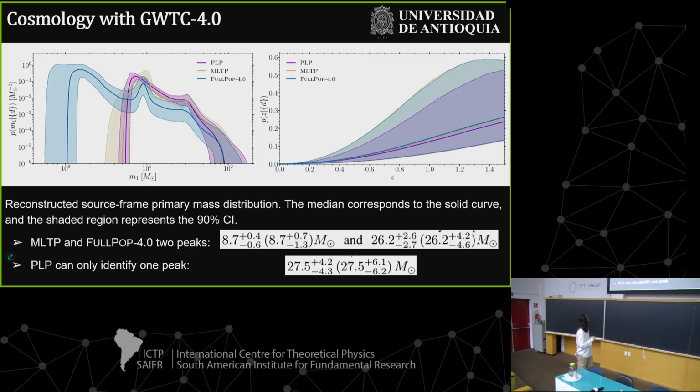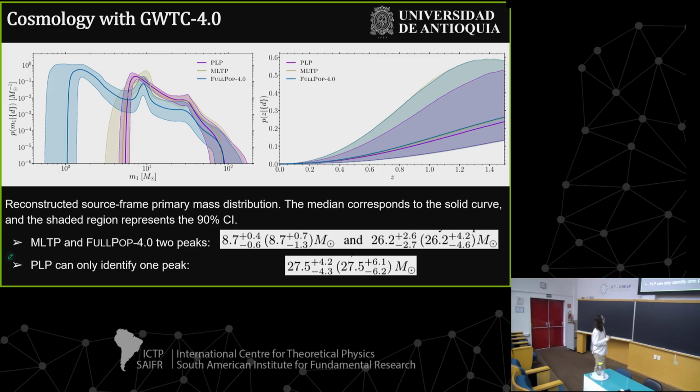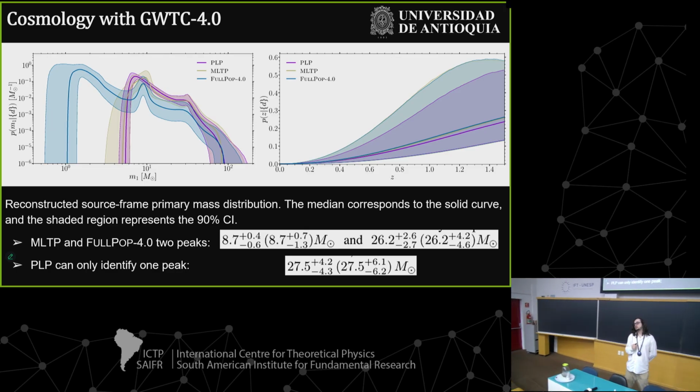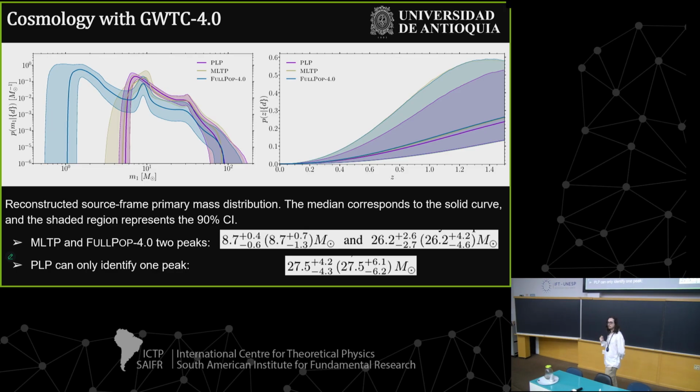As you can see, for the power law peak and the multi-peak population, you start from around 5 solar masses, more or less, because this is used only for binary black holes or a system which has the primary as a black hole. But for the full pop, you start from around 1 solar mass. That's because you are also including systems with a neutron star.